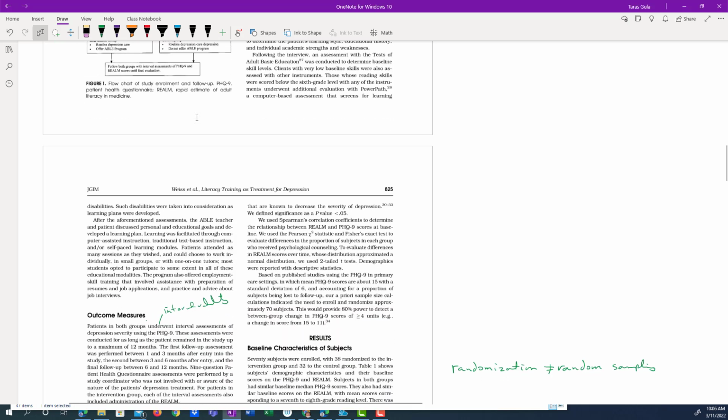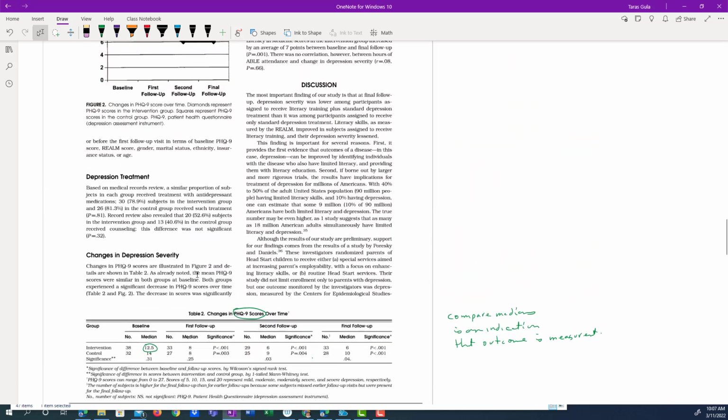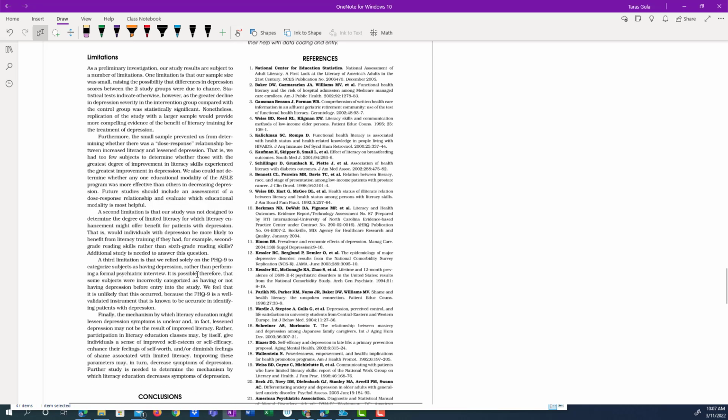Scrolling down. Let's go to limitations, where they might have something about sampling and external validity. Our study results are subject to a number of limitations. One limitation, our sample size was small. Here we go. The sample size was small, raising the possibility that differences in depression scores were due to chance. That may be true.